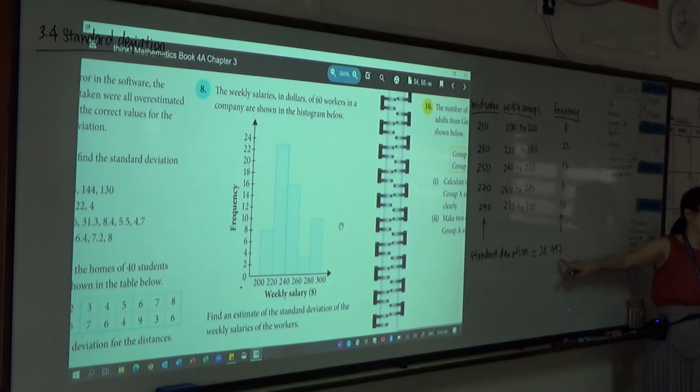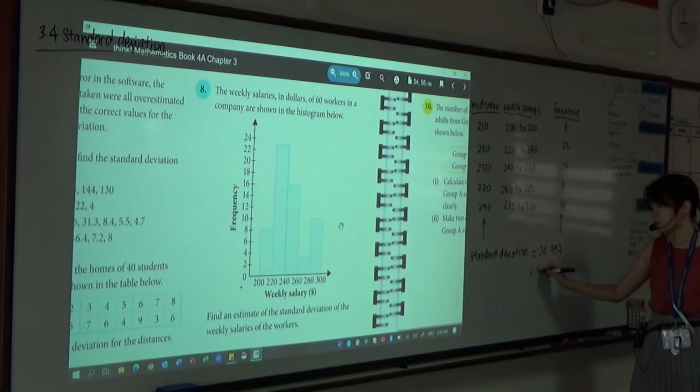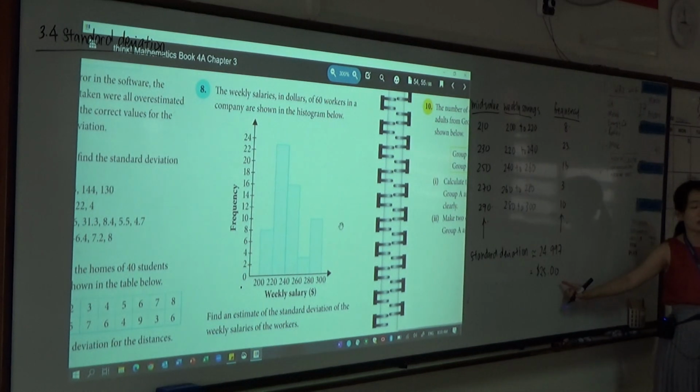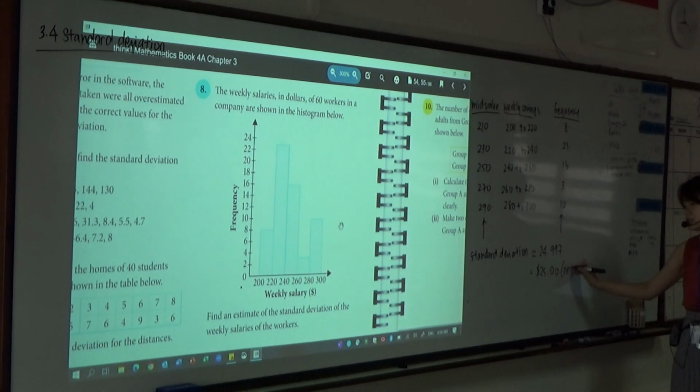In this particular case, the 7 causes the 9 to round up, so it will go into 25.00. You must write down the 0.00, because then it is a rounding to the nearest cent. If you don't write the 00, then your accuracy-wise is not correct anymore.